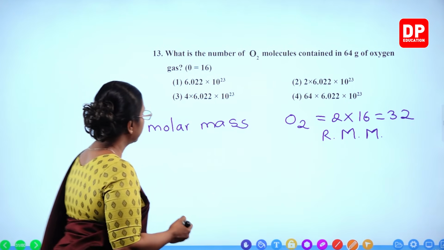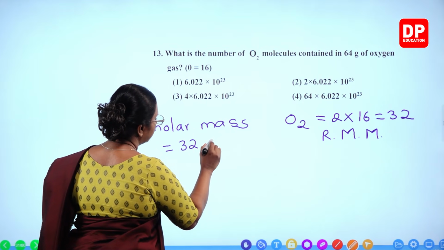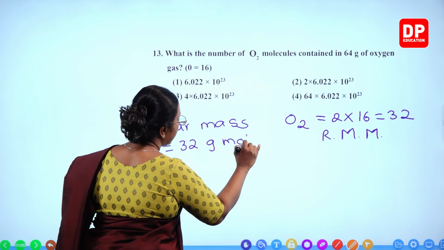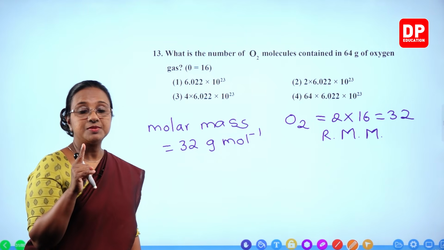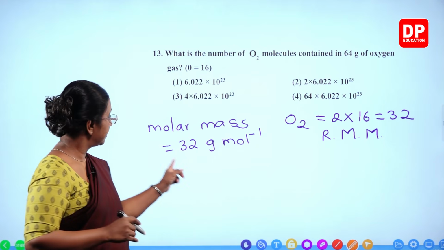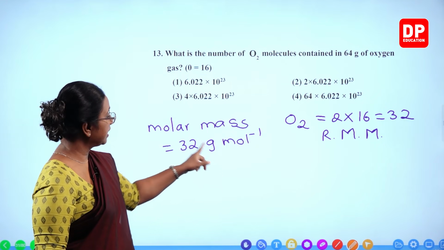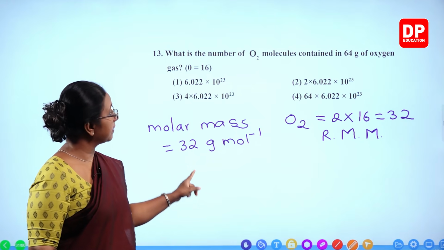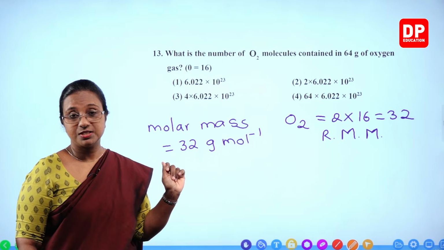For the relative molecular mass, if you write it with the unit 32 grams per mole, then you know it is the molar mass. That means 1 mole of substance, the mass is 32 grams. So if you take 1 mole of oxygen gas, the mass is 32 grams. But here they have said 64 grams of oxygen.